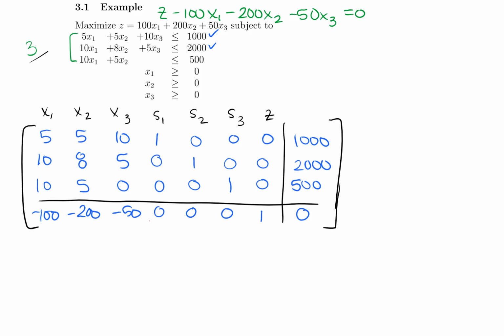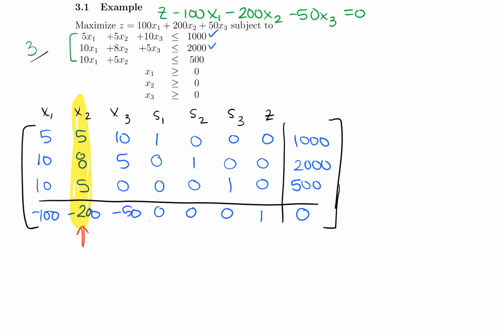So our rule says that we find the most negative entry in the bottom row. So that would be the negative 200. This is the most negative entry. So that means that our pivot column is going to be column 2. So one of the entries in that column will be our pivot element.